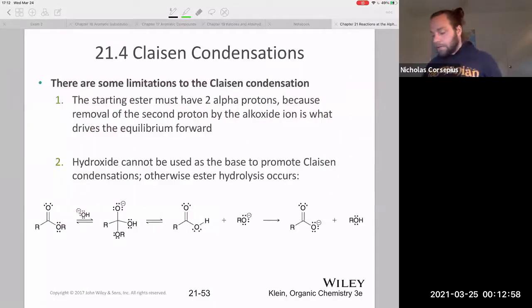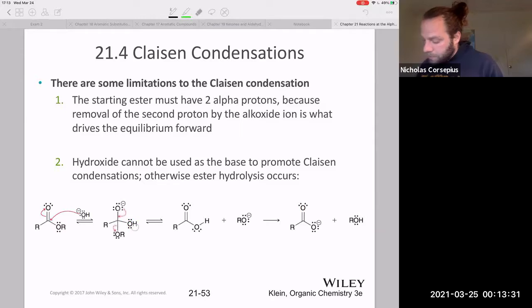You can't use hydroxide ions. Like I stressed before, you have to use an alkoxide base with the same identity as your ester. So for that same kind of reason, why can't we use normal sodium hydroxide? Well, because sodium hydroxide can act as a nucleophile, attacking that electrophilic carbonyl carbon, and then you're left with a tetrahedral intermediate where either one of these guys are just as good of leaving groups.